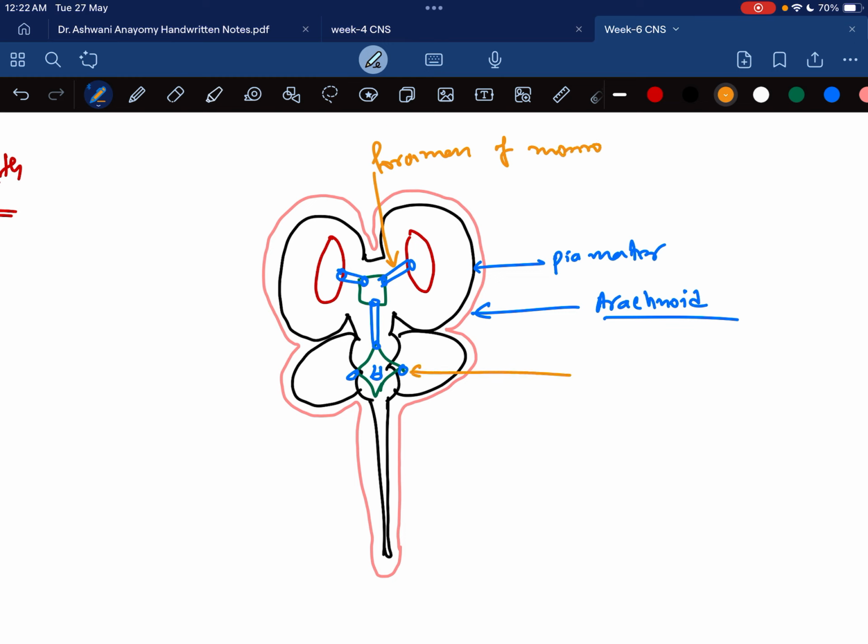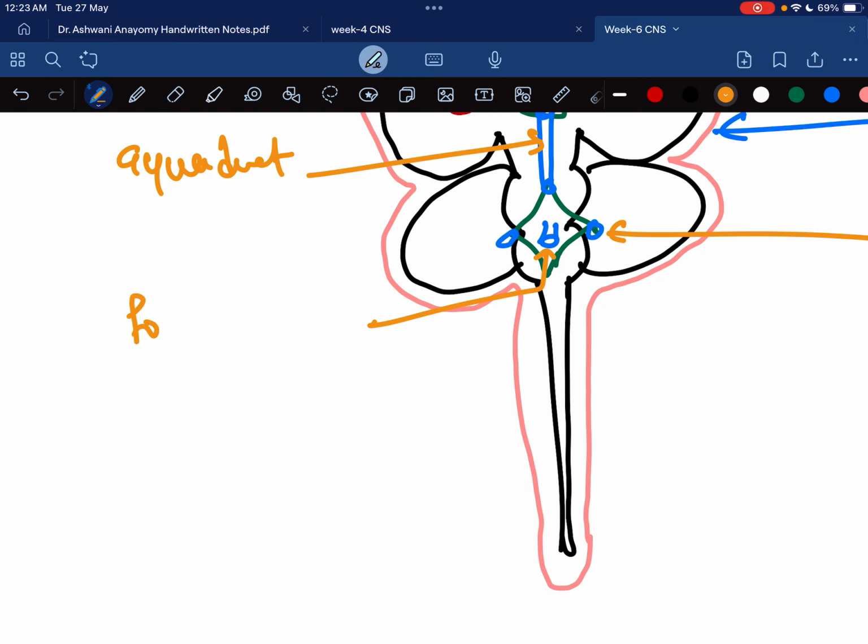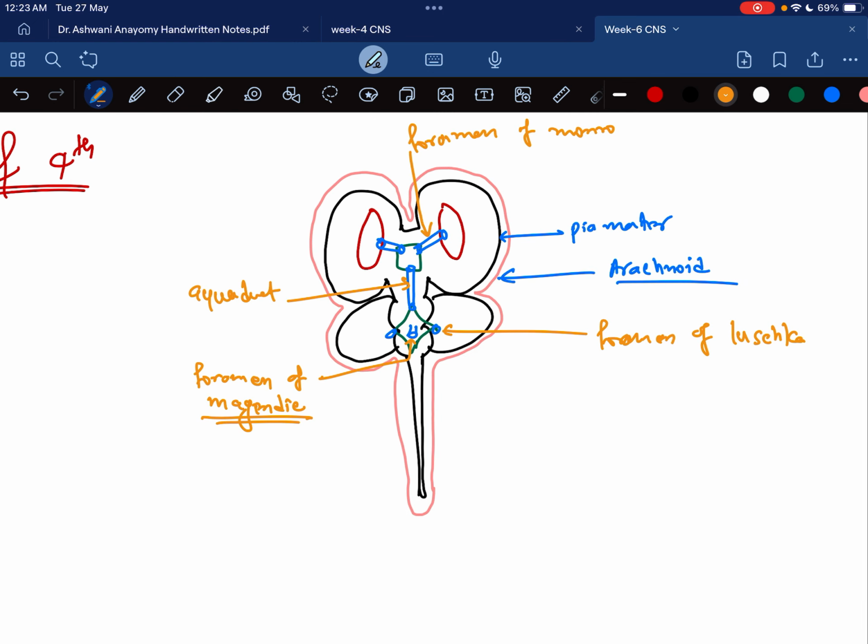This is the aqueduct. Here is the foramen of Luschka, and this middle portion is the foramen of Magendie. Through these foramina, the CSF circulates into the arachnoid space.